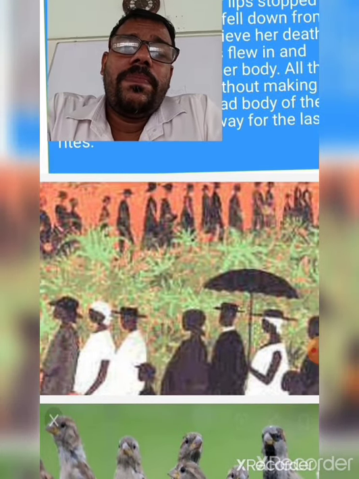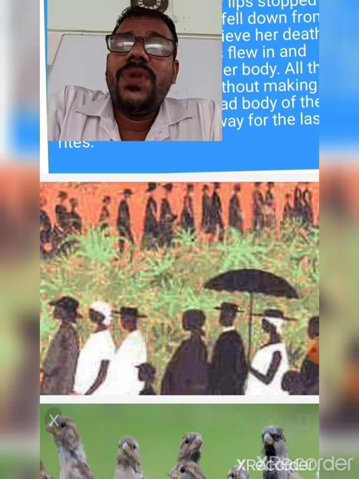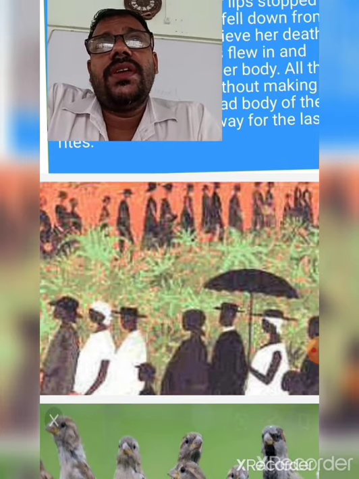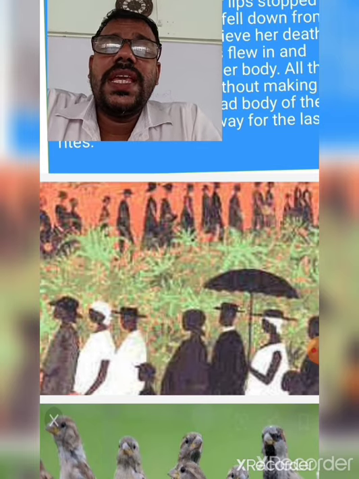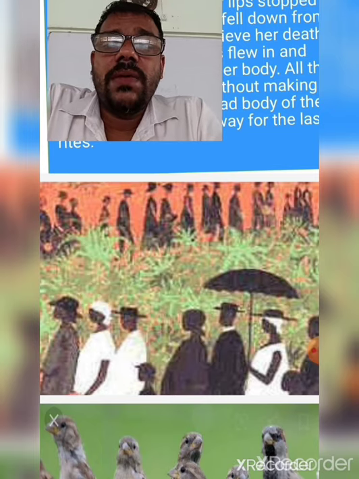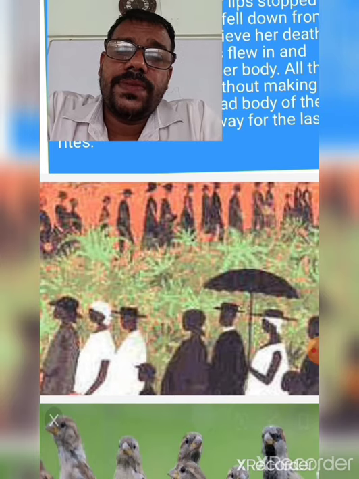This is the picture of a funeral procession, a procession in which the dead body is carried to the burial ground.